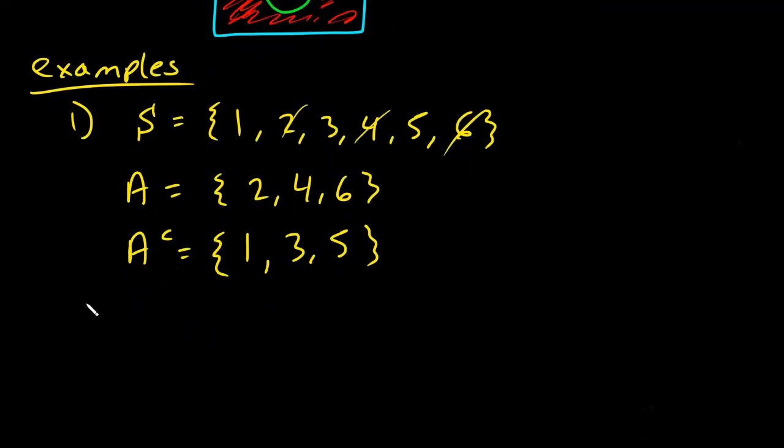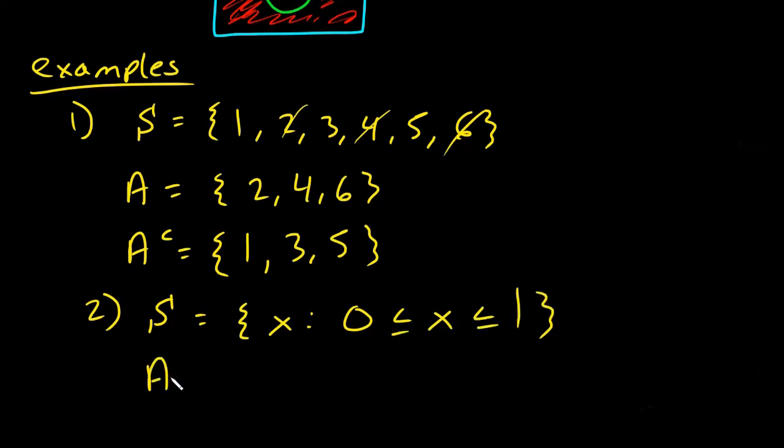Another example, suppose our sample space is X such that X is between 0 and 1, including 0 and 1. And then A is X such that X is more than or equal to 1/2.